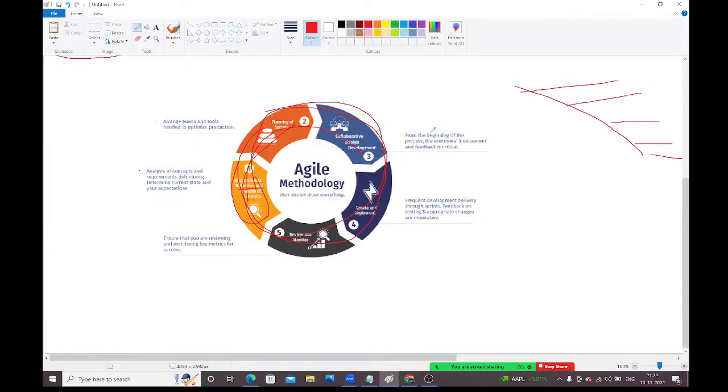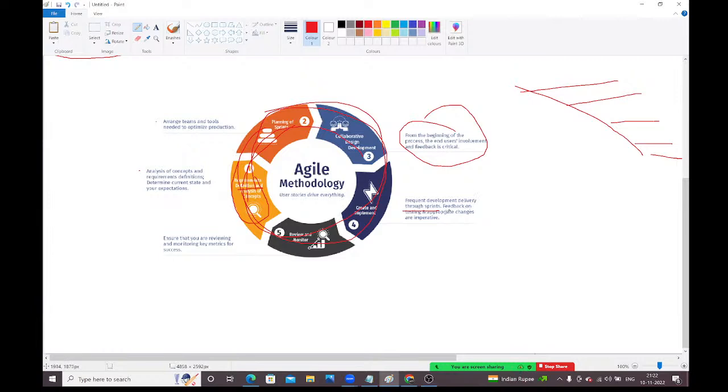See, guys, from the beginning of the process, the end user's involvement and feedback is critical. Frequent development and delivery through sprints. See how development and delivery is happening based on the sprints.